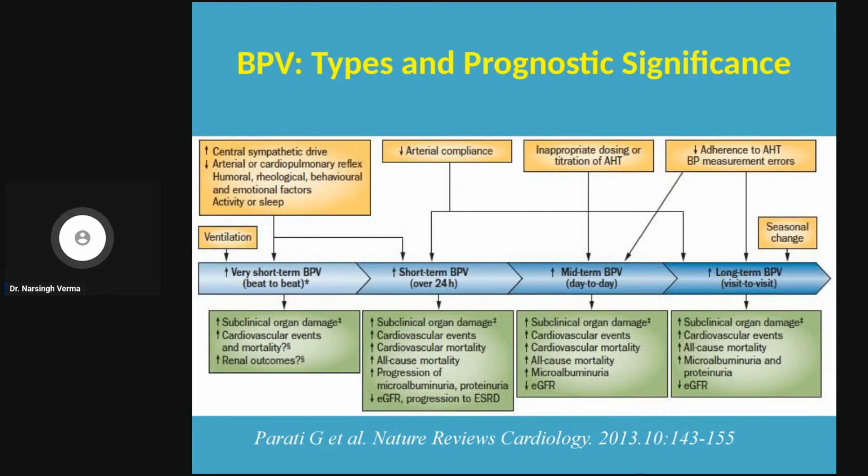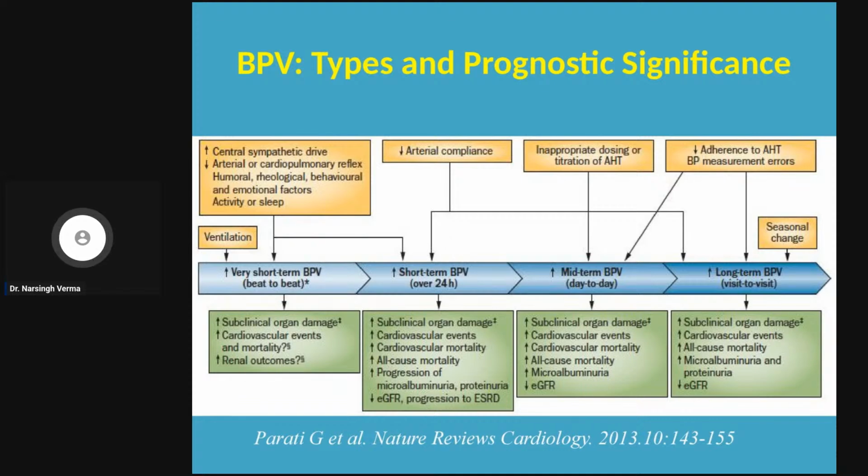Then comes the short-term blood pressure variability. Here again there is increased subclinical organ damage, cardiovascular events, cardiovascular mortality, all-cause mortality, all factors have significance, and even eGFR progression goes down with this.